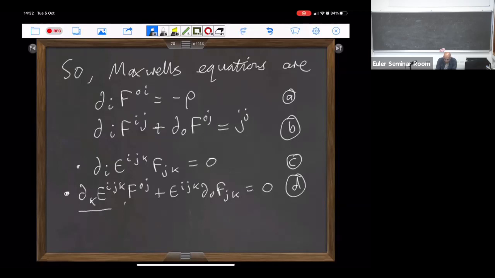The second one, this expression, is the curl of the electric field. There's some error here. Oh no, that's fine. This is epsilon, not E. And this is the time derivative of the magnetic field.